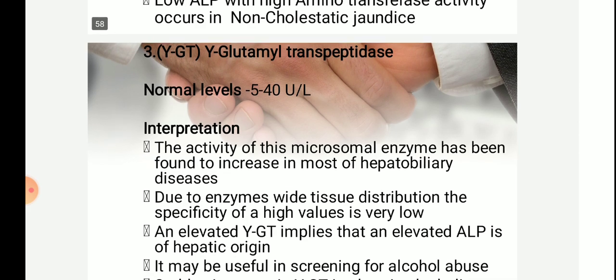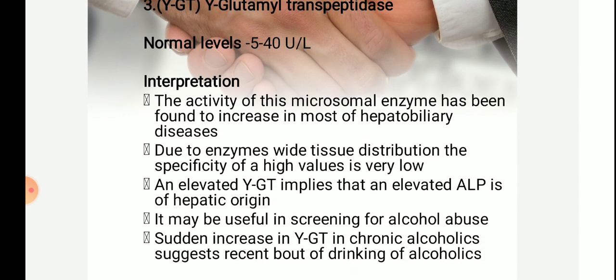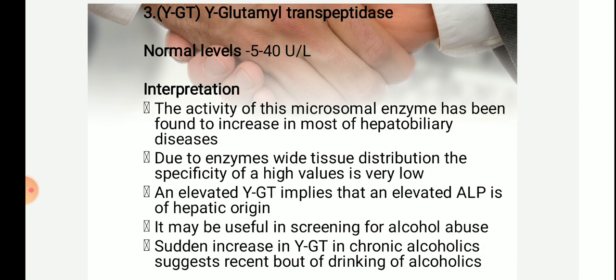Gamma glutamyl transpeptidase, the normal level is 5 to 40 units per liter. The activity of this microsomal enzyme has been found to increase in most hepatobiliary diseases. Due to its tissue distribution, the specificity of high values is very low here.